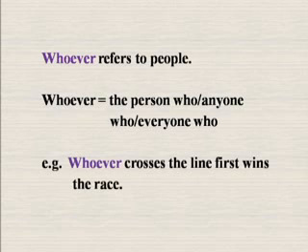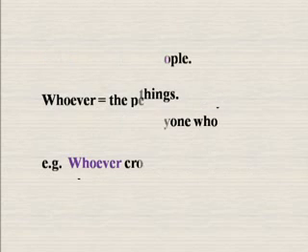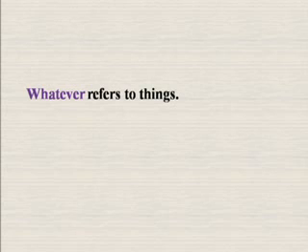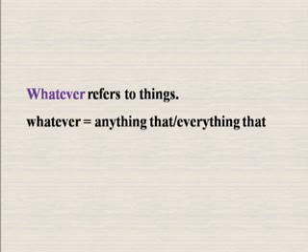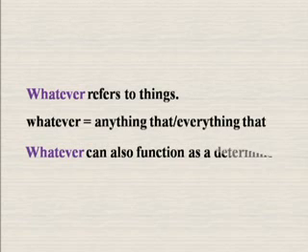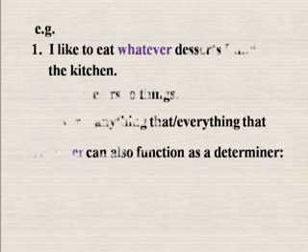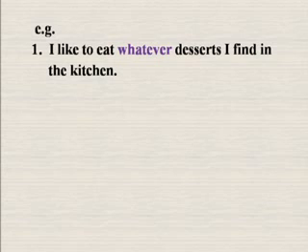Example, whoever crosses the line first wins the race. Whatever refers to things. Whatever means anything that, or everything that. Whatever can also function as a determiner. Now, I will give you examples.